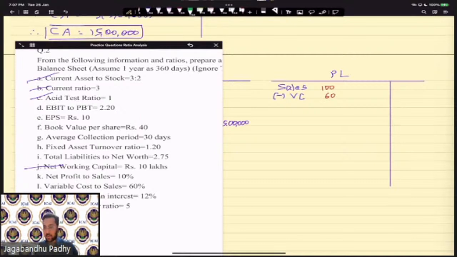After subtracting the variable cost, we get contribution, which again we don't know.